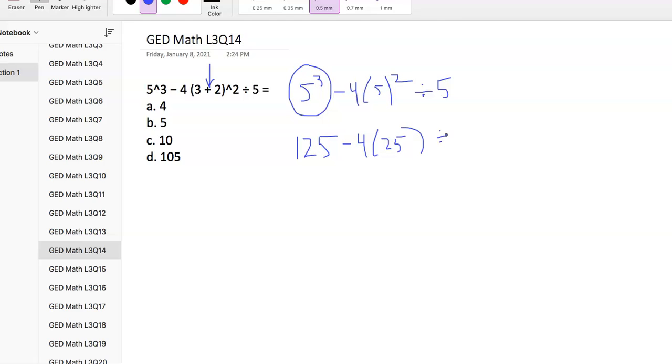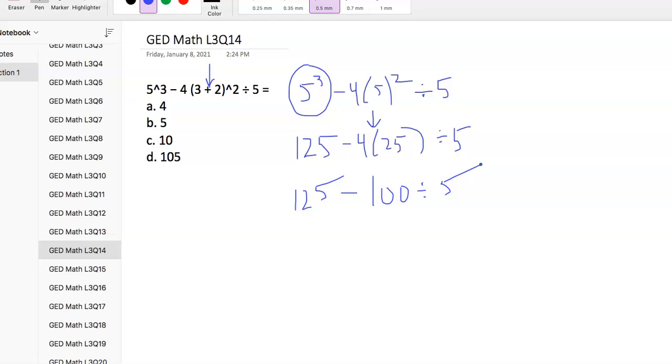And then divided by 5. Okay, so we've done parentheses, we've done exponents. Next is multiply. All right, so right there, 4 times 25, that's 100. Keep everything else the same. Divided by 5.